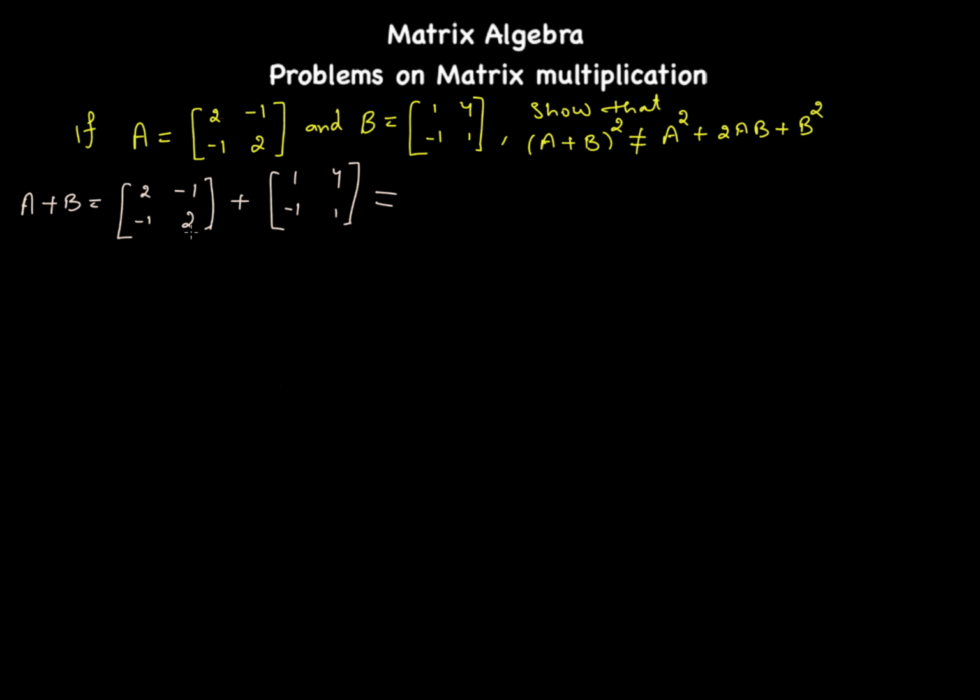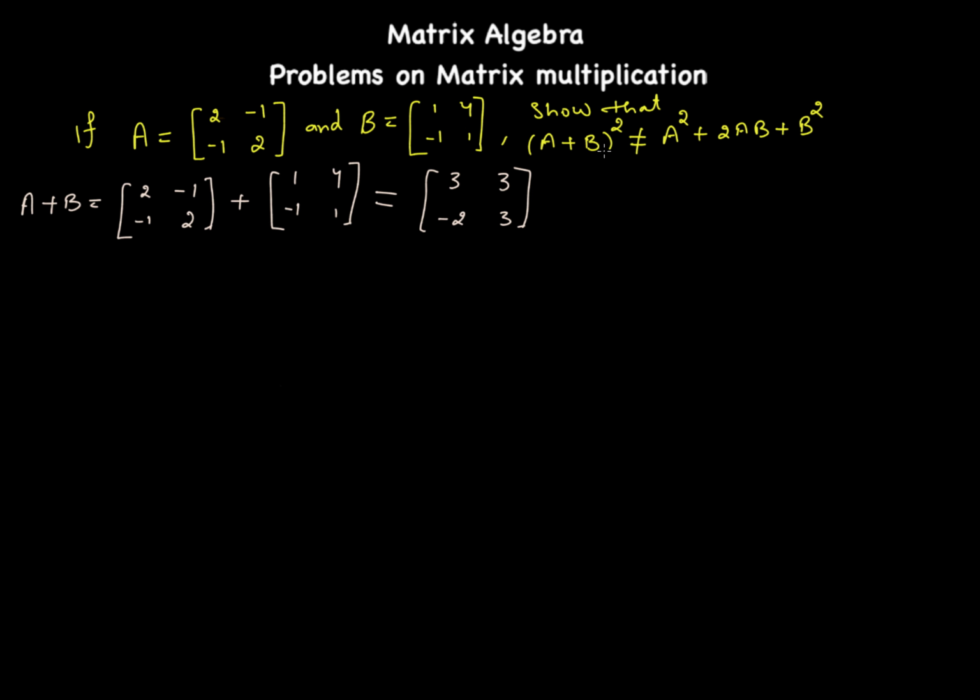Both of them are 2 by 2 matrices, so we can add them by adding their corresponding elements. So 2 plus 1 gives me 3, -4 plus 1 gives me -3, -1 and -1 gives me -2, and 2 plus 1 gives me 3.